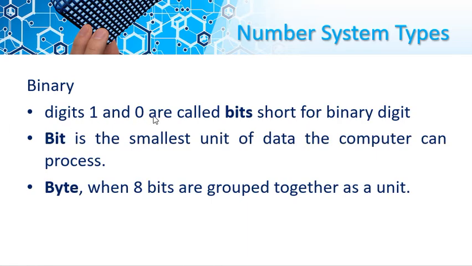Digits 1 and 0 are called bits, short for binary digit. The bit is the smallest unit of data the computer can process.